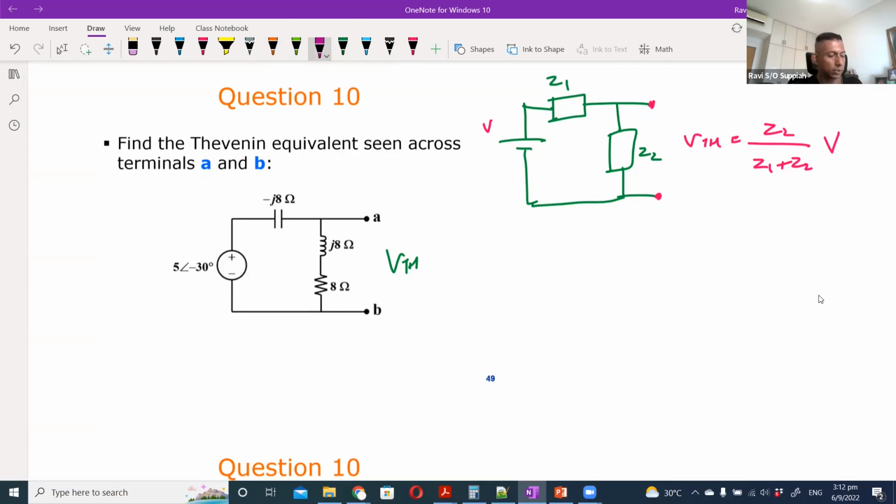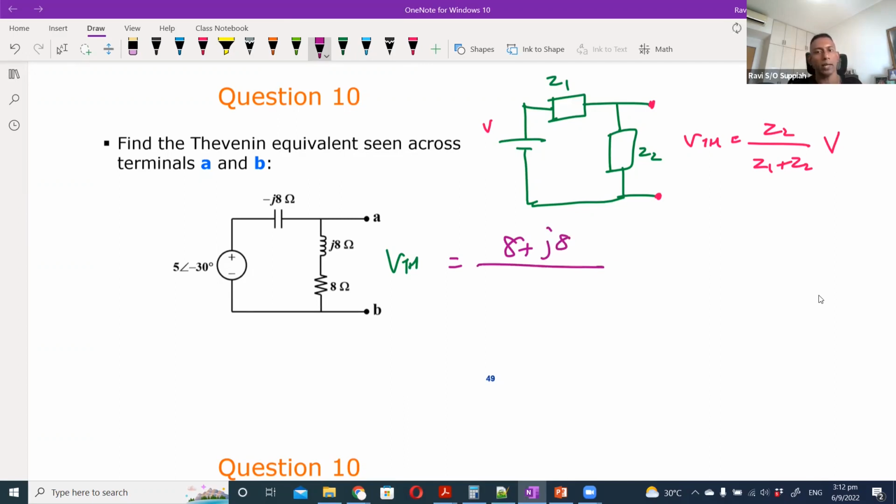So in this case, what you will get is VTH as, so this branch here will be 8. They have already given you the actual impedance. They never give you the inductance value and capacitance value; they already calculated your ZL and ZC. So it's a bit easier.